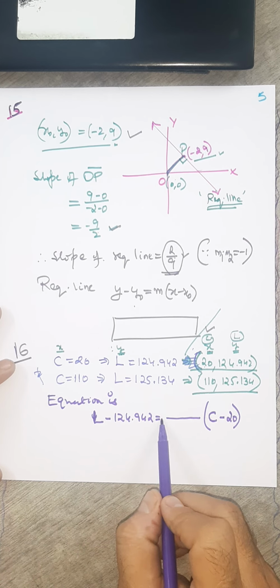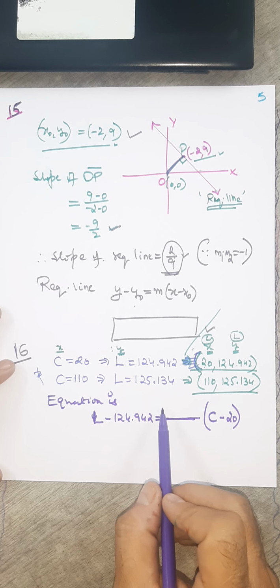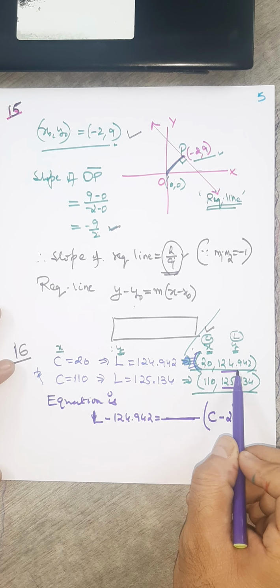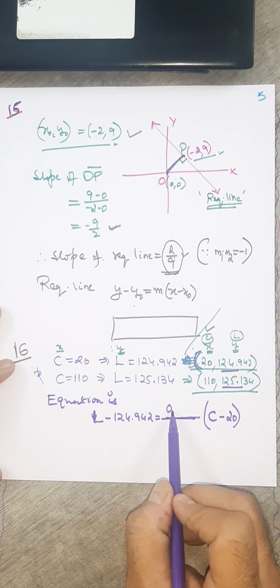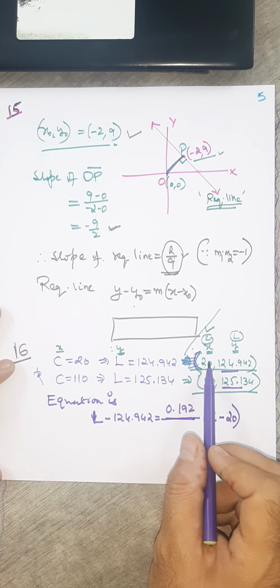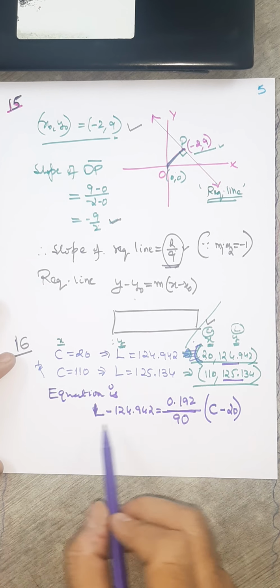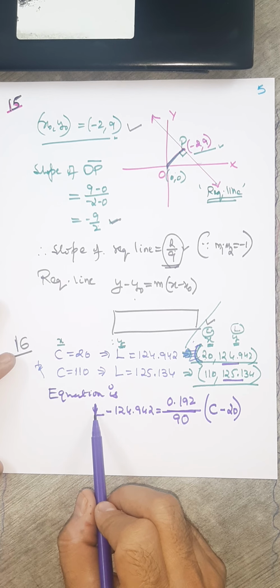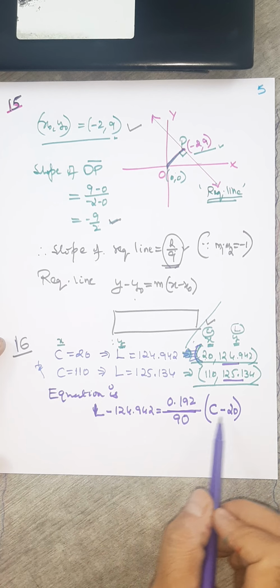Fine. Now the question is the slope. How do you get the slope here? y2 minus y1, that is this minus this, I'll write directly here. When you do this minus this, you will get 0.192. Just verify. And this minus this is of course 90. Got it? This is just the slope. Now I want L in terms of C, so I need to keep L on the left hand side and the rest on the right.